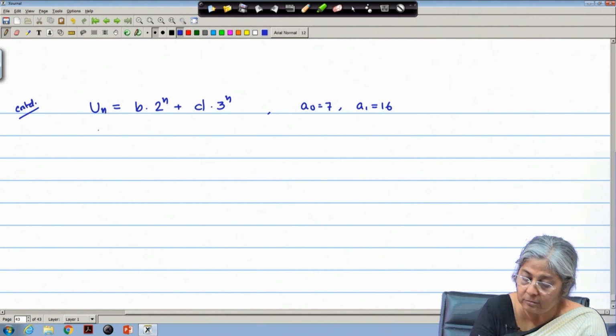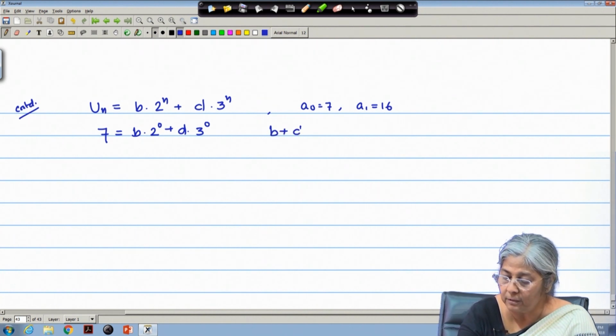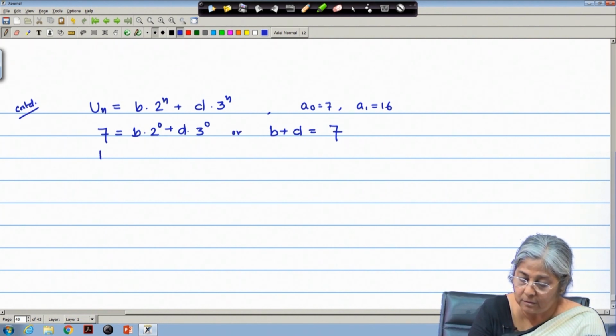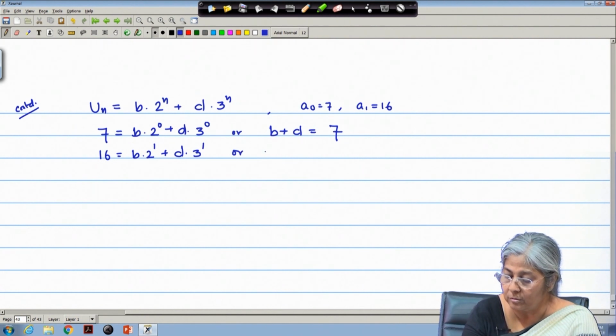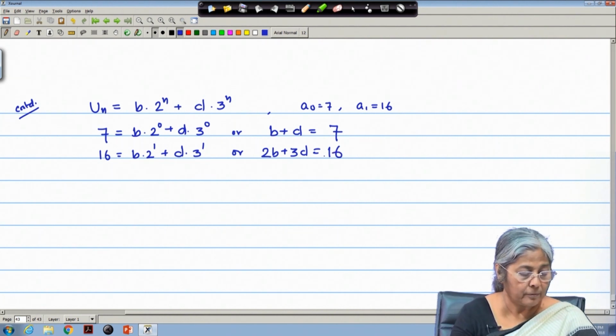So, 7 equal to B 2 to the power 0 plus D 3 to the power 0, that means B plus D equal to 7. And 16 equal to B 2 to the power 1 plus D 3 to the power 1, or 2B plus 3D equal to 16. Now we can solve.